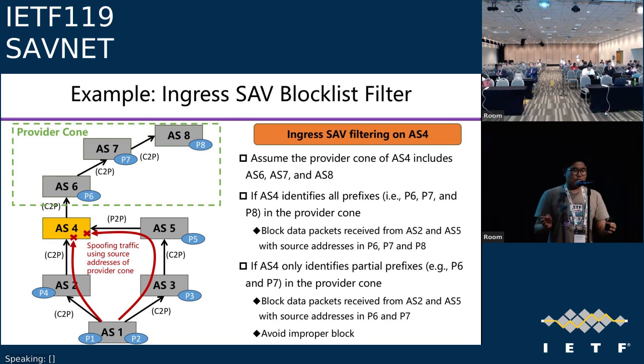But if AS4 only identifies partial prefixes in the provider cone, it can still block data packets received from AS2 and AS5 with spoofed source addresses in prefixes P6 and P7. And it can avoid improper block.